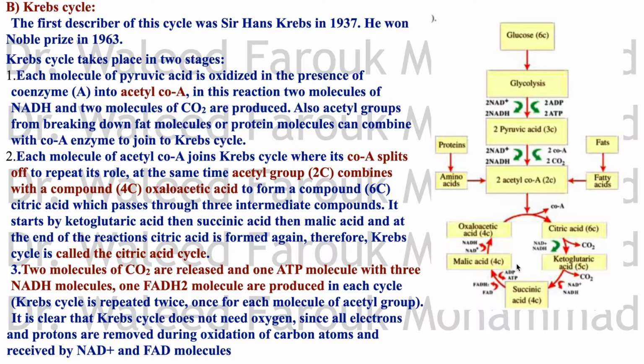So in each cycle, 2 molecules of carbon dioxide, 1 ATP molecule, 3 NADH and 1 FADH2 molecule are produced. We didn't mention oxygen here, so it doesn't need oxygen, since all the electrons and protons are removed during oxidation of carbon atoms and received by NAD and FAD molecules.